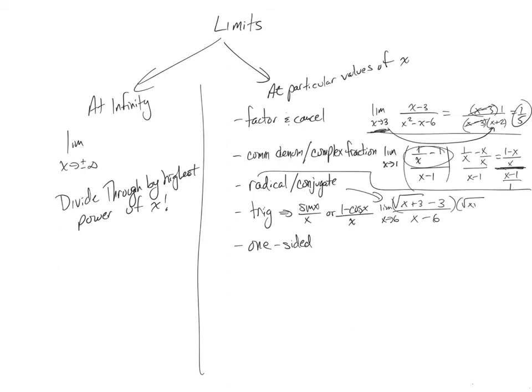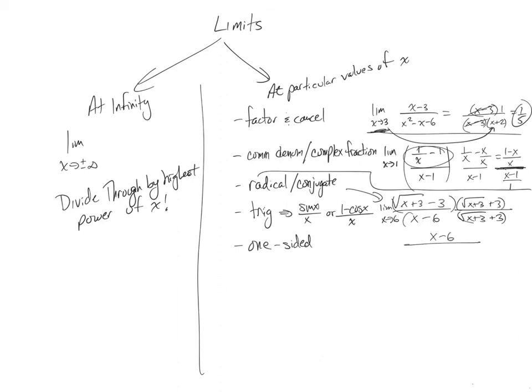So root of x plus 3 over root of x plus 3 plus 3. And again, it's something I stressed in the last day of class before the test: when you FOIL these two together, you're going to get x plus 3 minus 9, which of course turns out to be x minus 6.